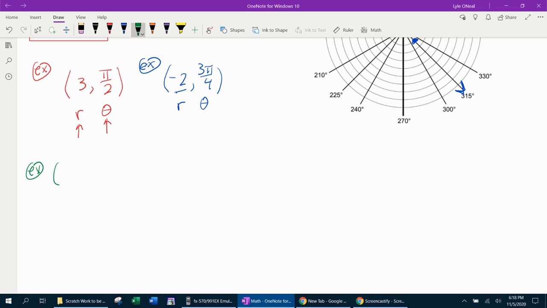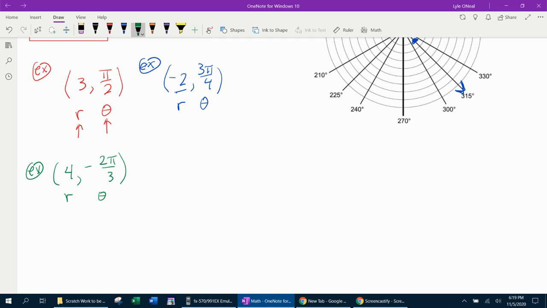Okay, so let's next look at this ordered pair. Again, we're told that this is a polar point, so we know that this is an r and a theta.